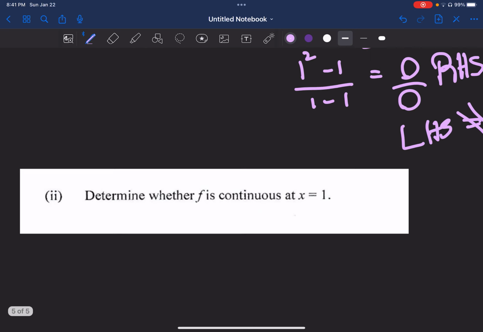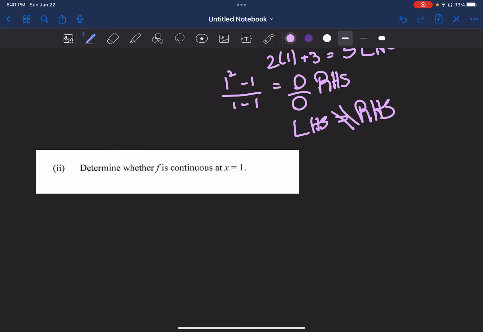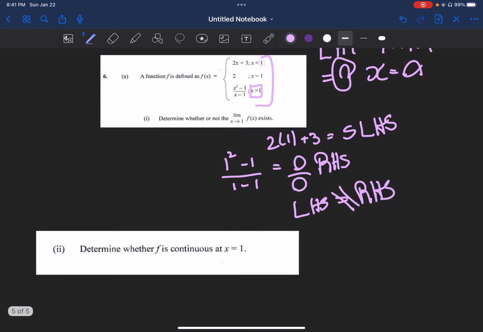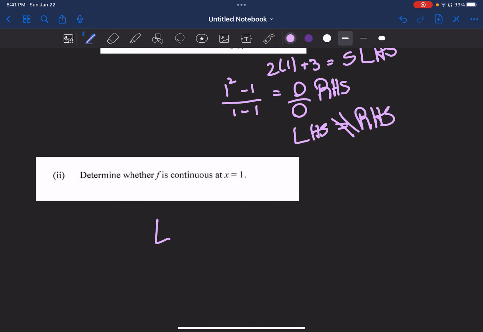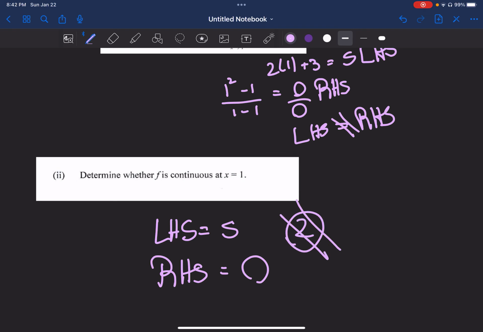But from the working we just did to determine if this limit even exists, we can tell that the left-hand side is equal to 5, and the right-hand side is equal to 0. This means that the second rule, the second law, is not true.